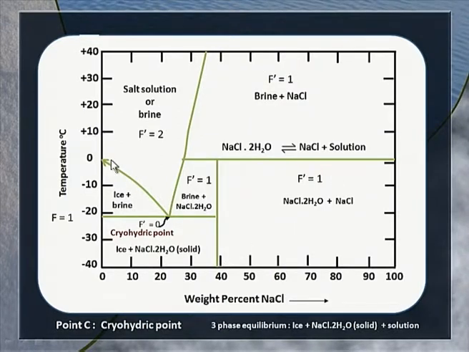We have the line here which gives us the freezing point of ice. As the amount of salt is increased, freezing point decreases. This goes almost vertical. With the increase in temperature, the solubility of the dihydrate does not increase much. Even beyond that, the solubility of sodium chloride also does not increase much with temperature.